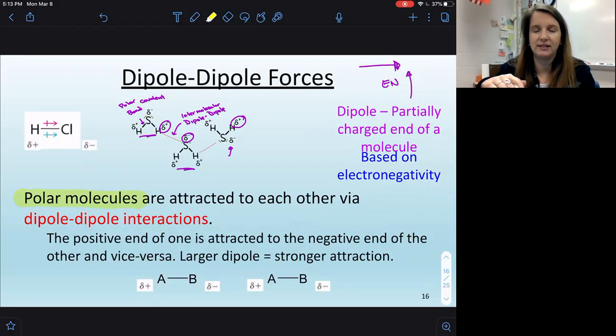LDFs can only exist between two nonpolar molecules. Dipole-dipole interactions are going to exist between two polar molecules. So it's going to be really important to draw your structure, see if there's lone pairs on that central atom, see if there's different ends, so you can correctly identify whether the substance is polar or nonpolar, okay?